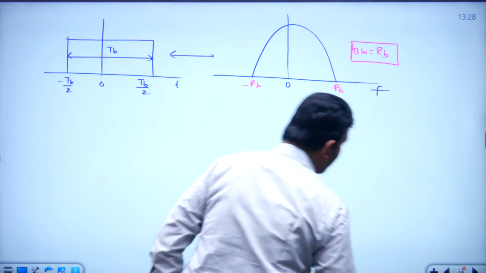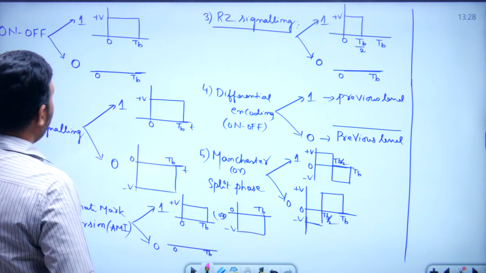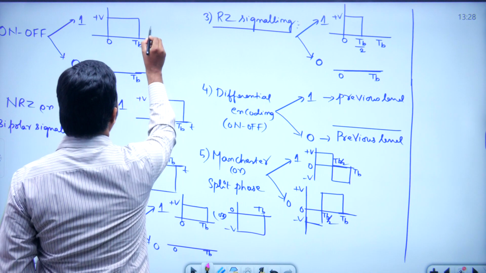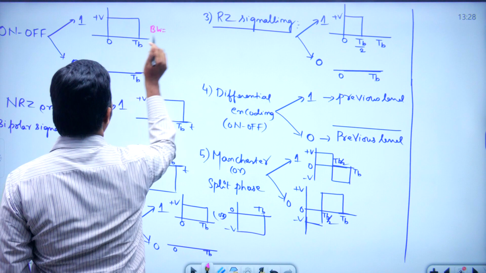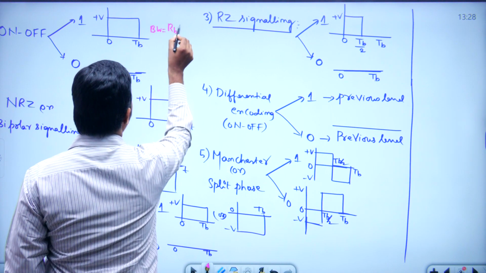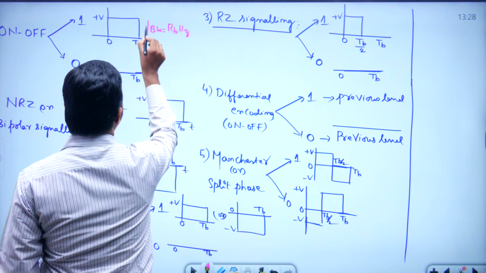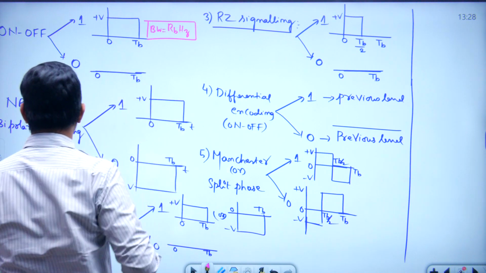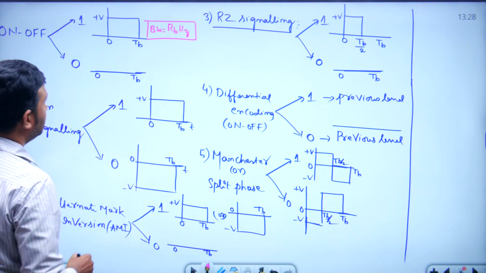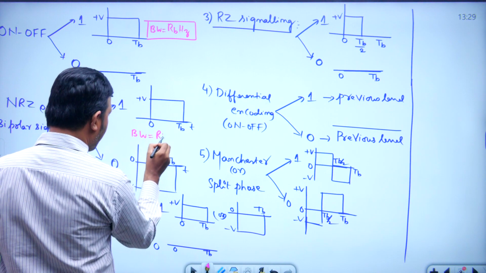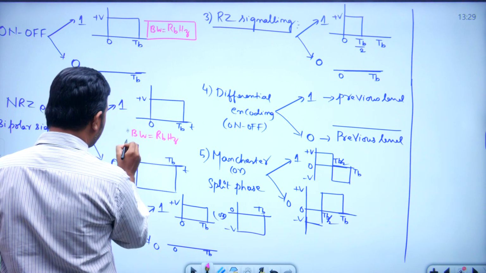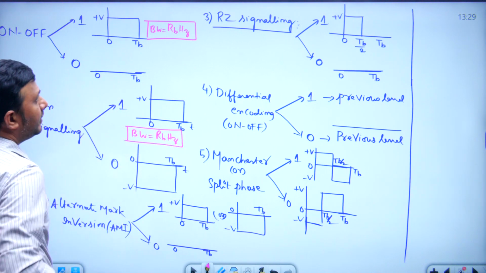And based on this, if I take on-off, what could be the bandwidth? Rectangular pulse of width TB I am going to use, so bandwidth will be RB hertz. Non-return to 0, bandwidth will be RB hertz, isn't it?